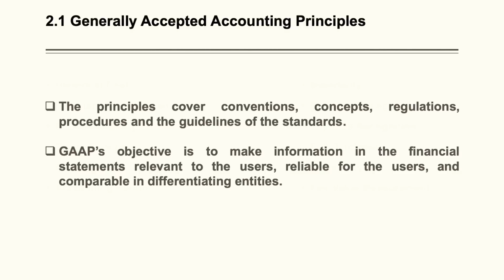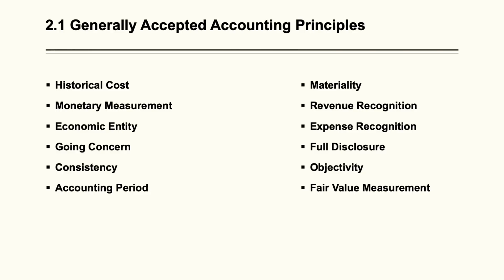The main objective of GAAP is to make information in the financial statements relevant to the user, reliable for the user, and comparable across different entities. We have altogether 12 concepts in GAAP.